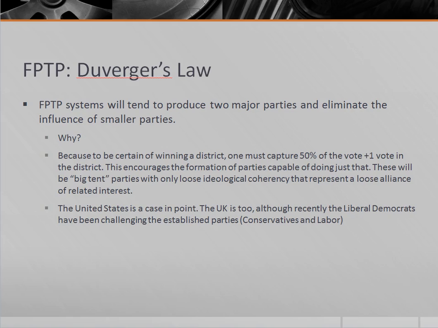Why is this the case? Well, it basically comes down to mathematics. In order to be certain of winning a district, you have to capture the median vote, or 50% of the vote plus one person in that particular district or area. And that means that political parties that don't have broad enough appeal to capture 50% of the vote tend to be outcompeted by parties who do.